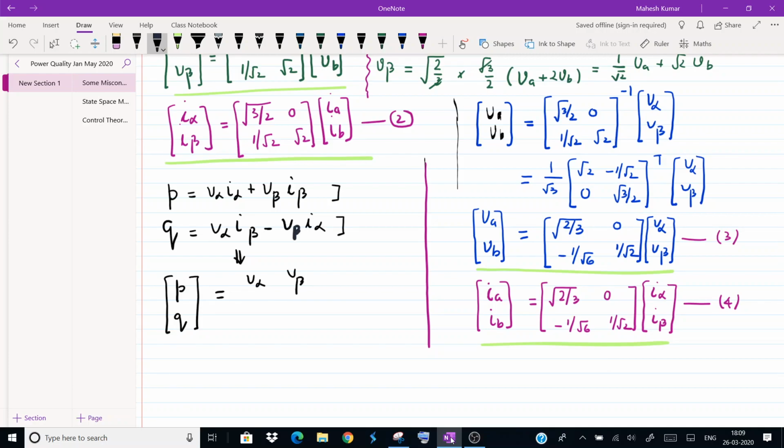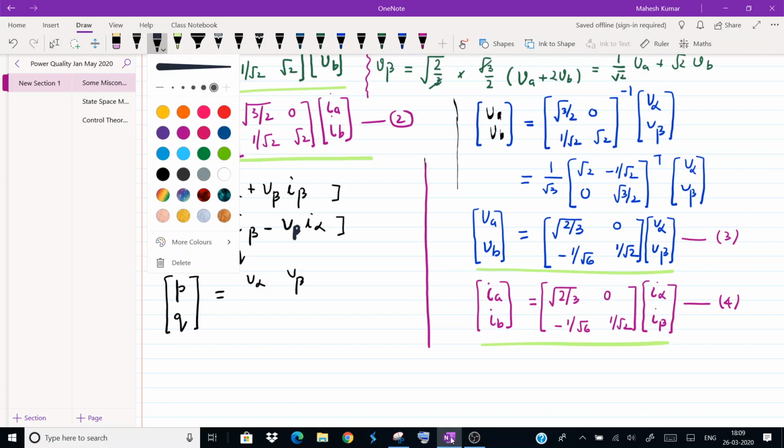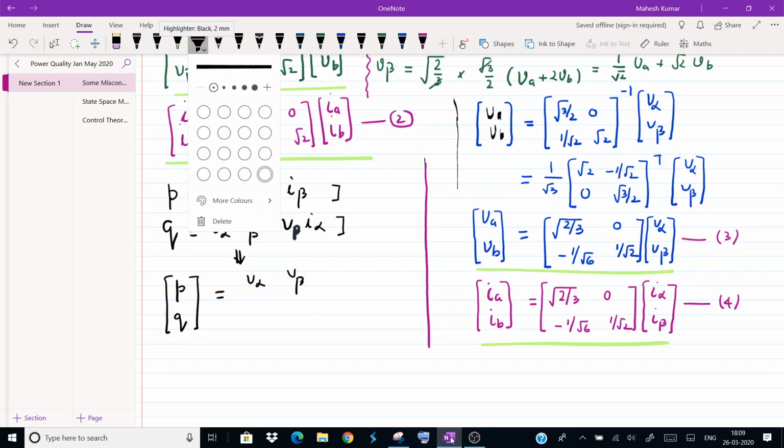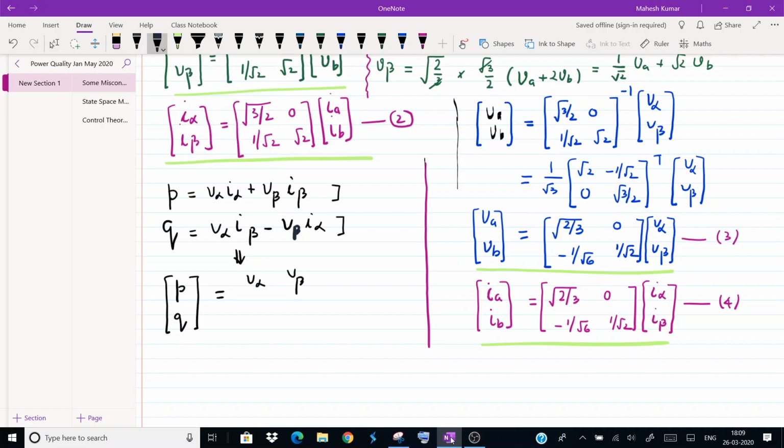And hence we can write this as B alpha, B beta, and here we write minus B beta and B alpha. This is I alpha and I beta. This is the same matrix but in a 2 by 2 form. Let us call this equation 5.